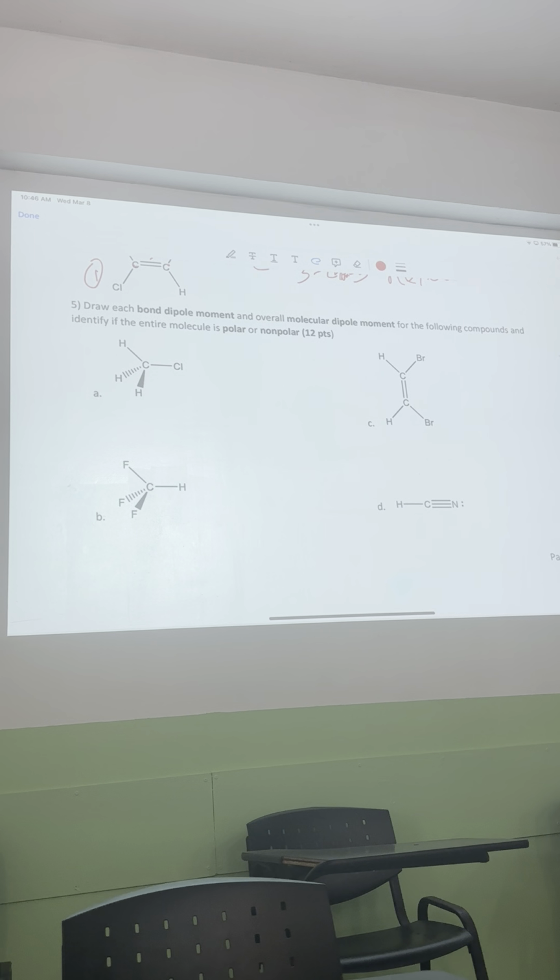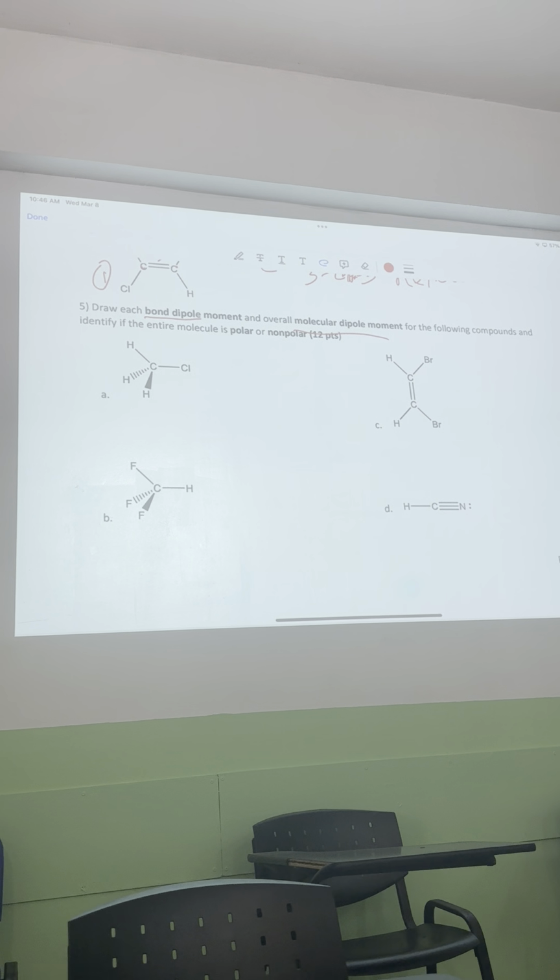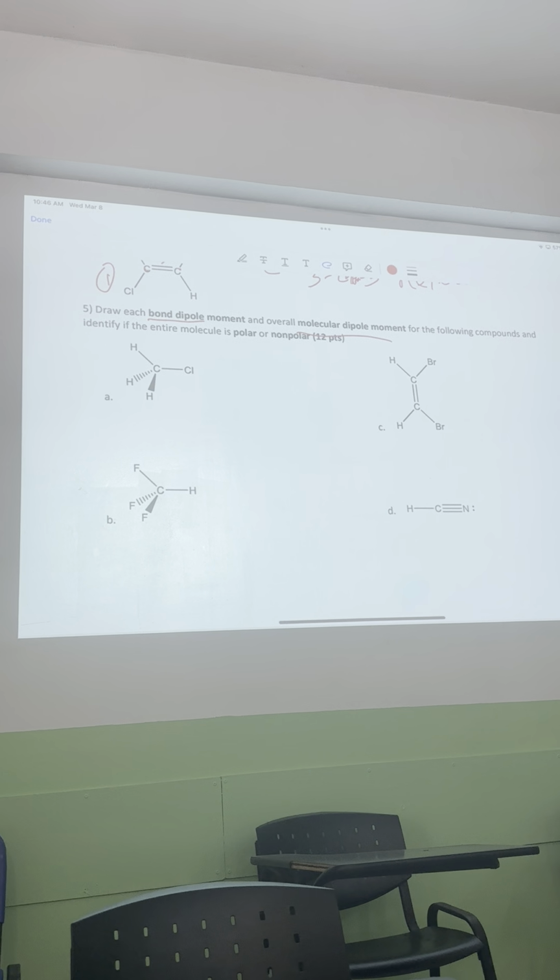Alright? Here, I'll just do one so you all can see what I was looking at. I was looking at the bonds and the molecular. The bond meaning that from here to here, this was the more positive, that was the more negative. So that was the bond.